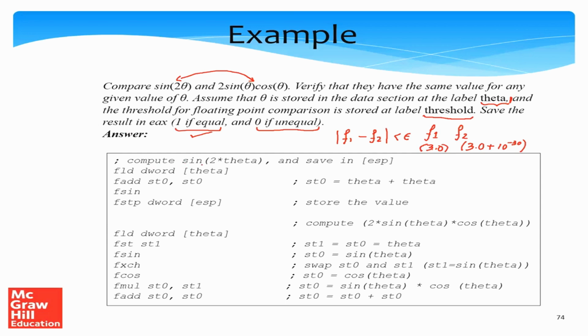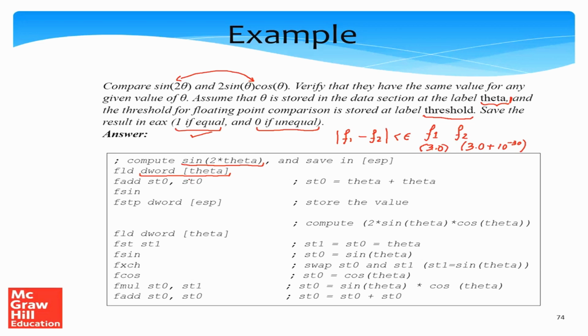So let's do one thing. Let's first compute sine 2 theta and save it in memory. The first thing that we do is load the constant theta from memory. We assume that any value of the angle theta is stored in memory at the label theta.